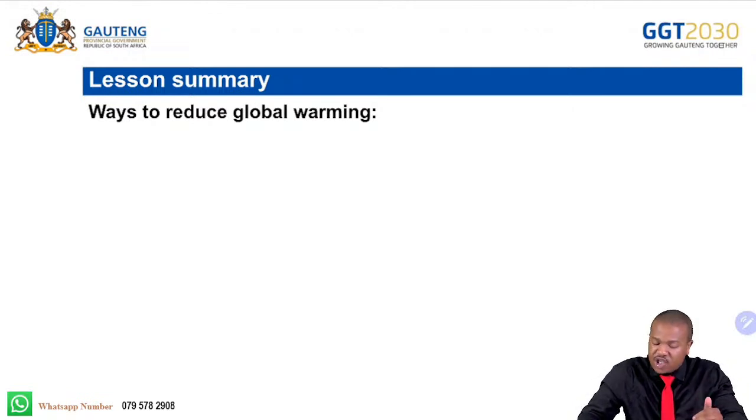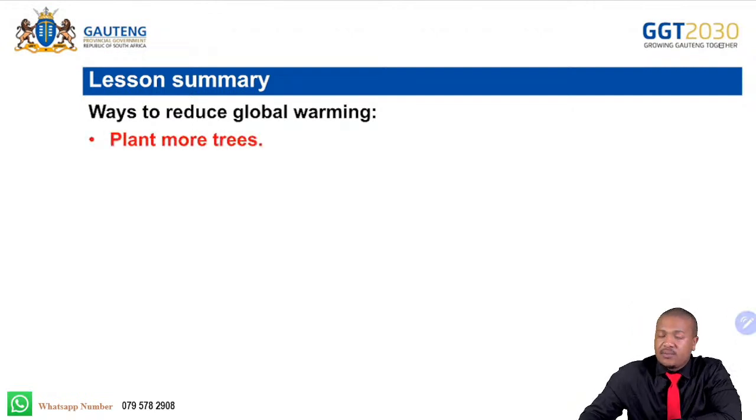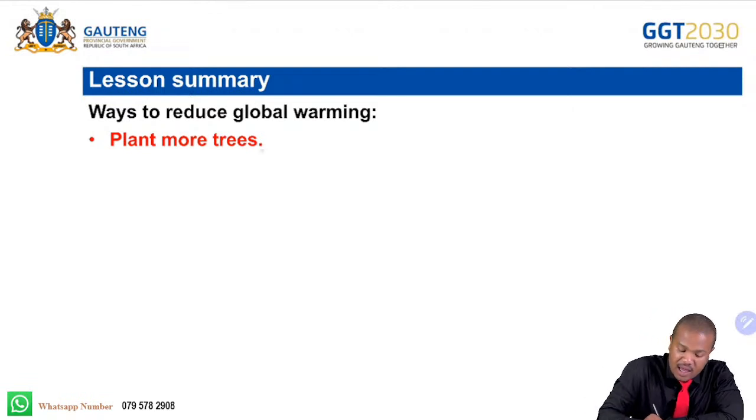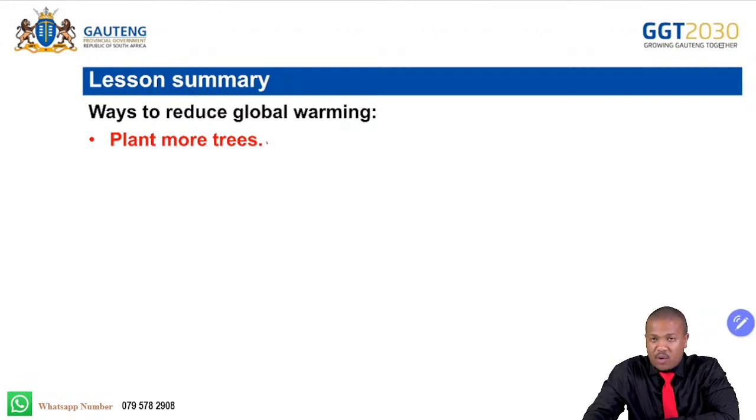So how can we reduce this global warming now, right? We can practice afforestation, the process of planting more and more trees. This is because trees undergo photosynthesis, right? They are going to use most of the carbon dioxide to photosynthesize, right? So hence it is a way to reduce global warming.